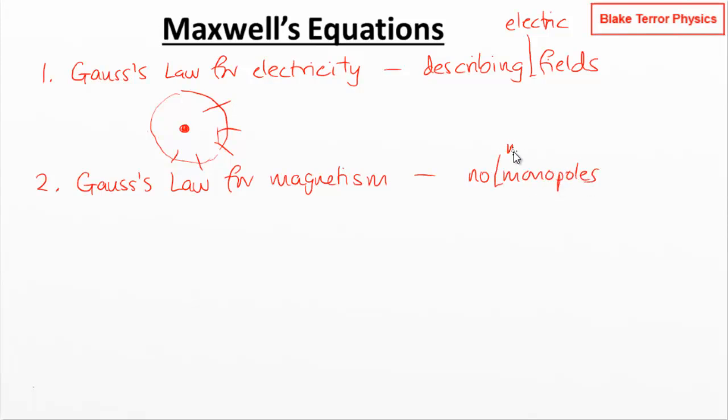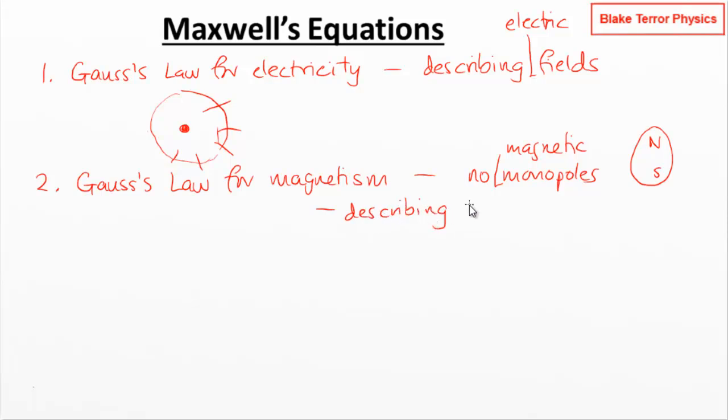As in, you can't just get a north pole or a south pole, they always come in pairs. That's one thing that Gauss's law for magnetism is telling us. But if you've got one of these magnetic dipoles, then it's going to do a similar thing to Gauss's law for electricity, but for magnetism. So this is for describing magnetic fields.